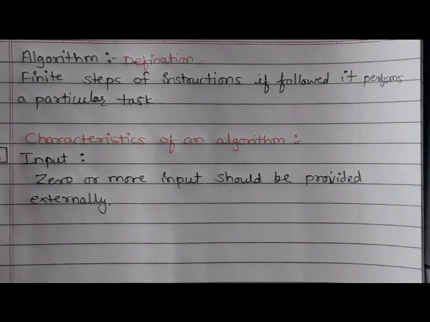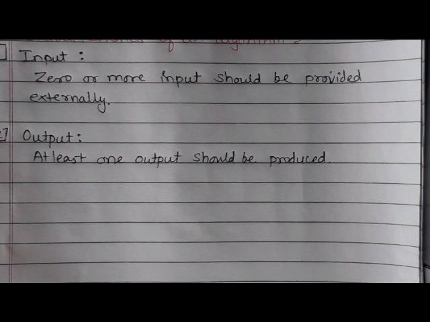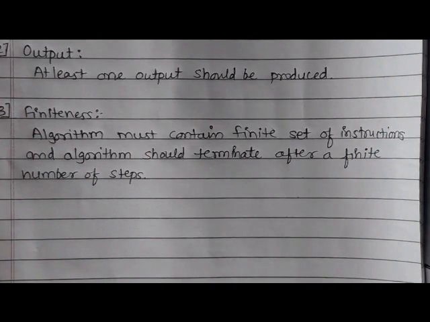Now, the second characteristic is output. At least one output should be produced from this algorithm. The third characteristic is finiteness.